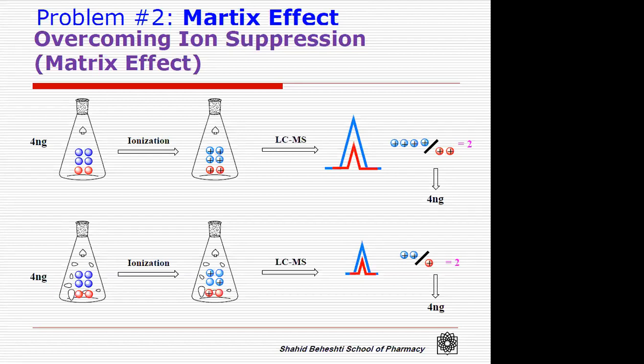So this is how we take into consideration the matrix effect, which is unavoidable when we are dealing with a blood sample and we extract the samples from the blood. How do we use it for the metabolic disorder screening? I'll explain it in the next slide.